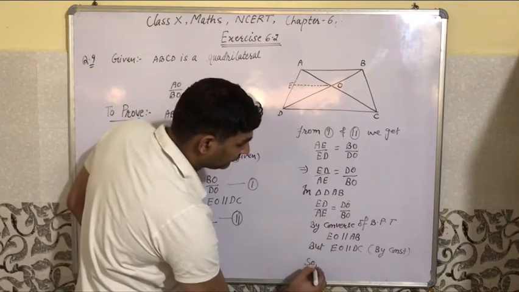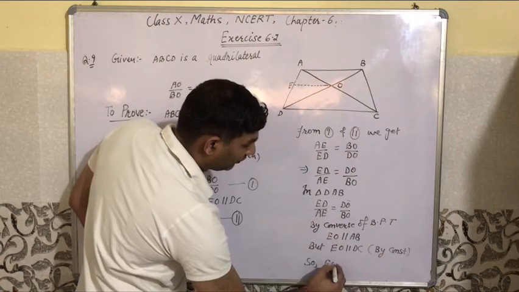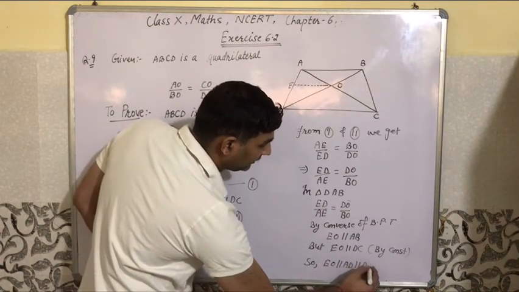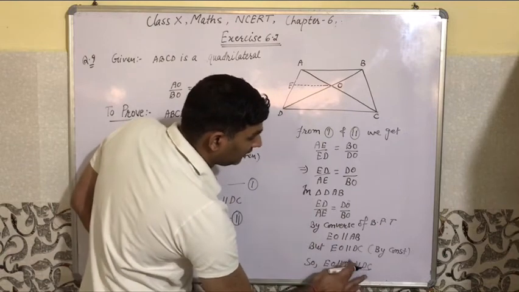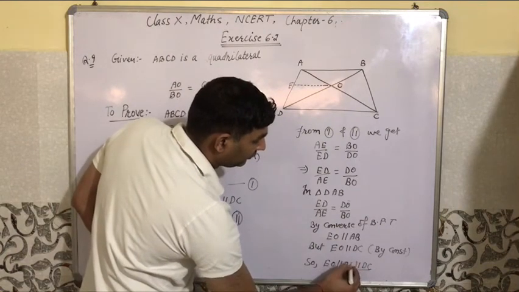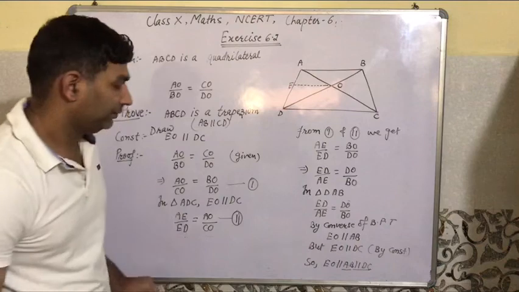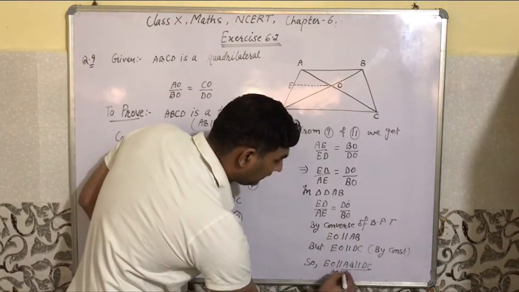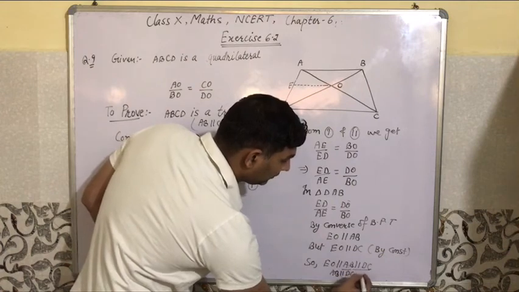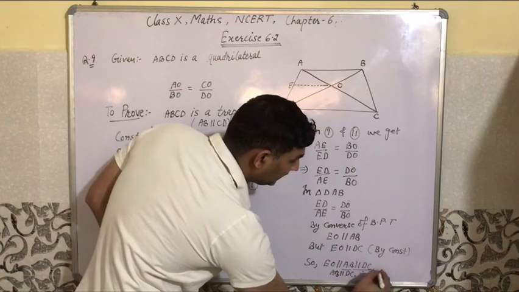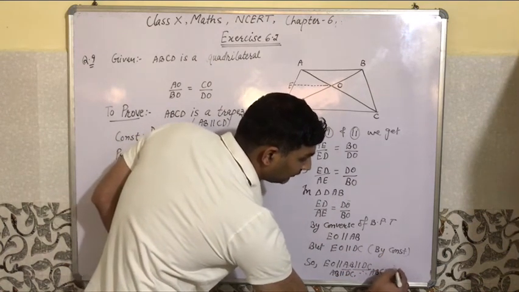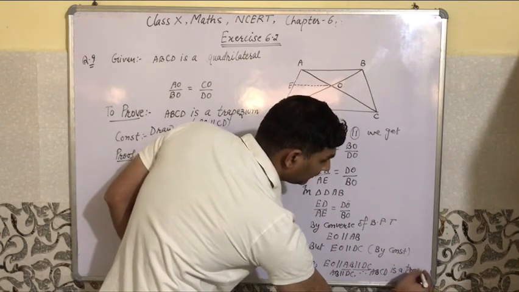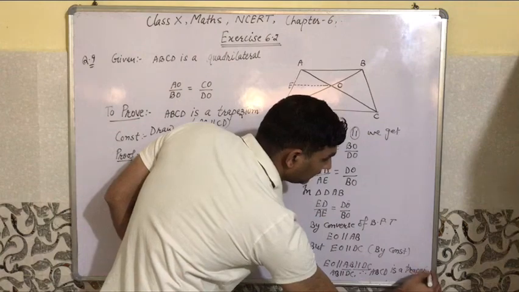So EO parallel to AB parallel to DC, and both AB parallel to DC. So AB parallel to DC. Therefore, ABCD is a what? Trapezium. ABCD is a trapezium.